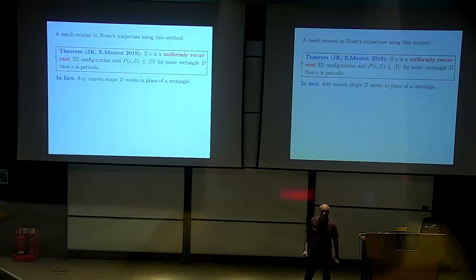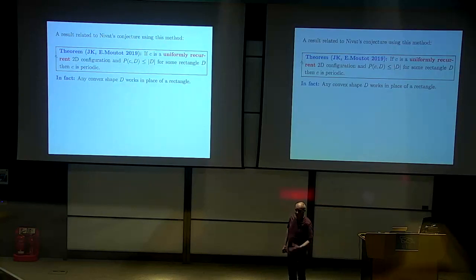All right. So let's go back to Nivat's conjecture for a moment. I'm not going to give any proofs, I just state the result that we obtained using this technique. We proved Nivat's conjecture for so-called uniformly recurrent configurations, or maybe you know them as repetitive configurations.